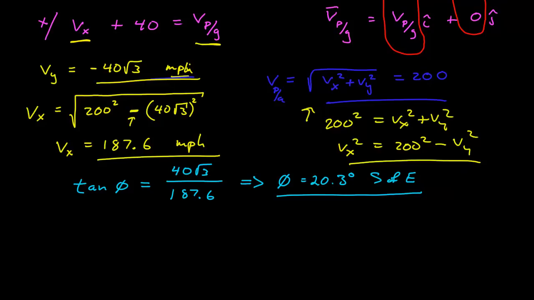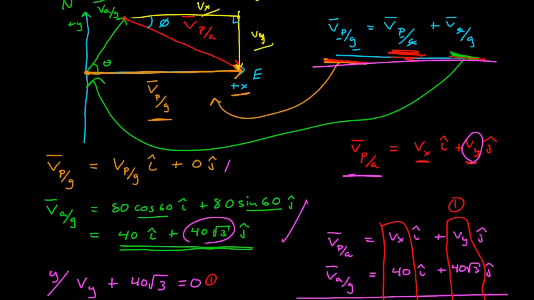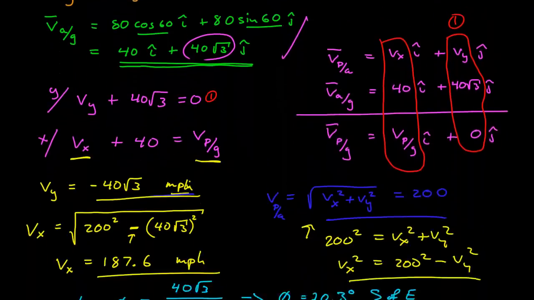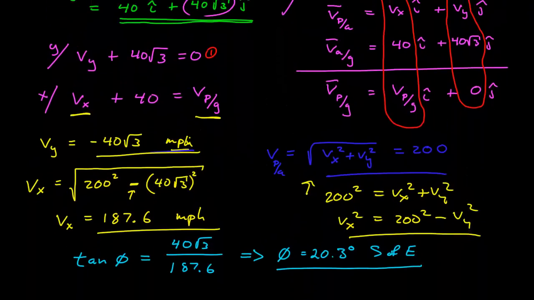The final answer was how long did it take? To find out how long it took, I need to find the magnitude of the velocity of the plane relative to the ground, because I know the total distance was 900 miles. Well, I already found a relationship for that.